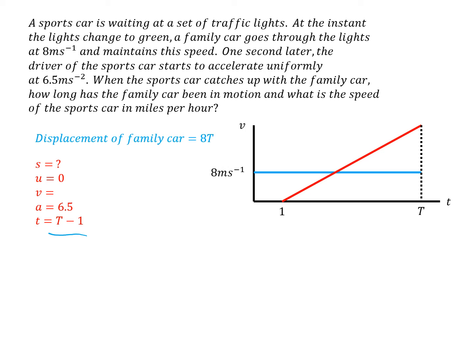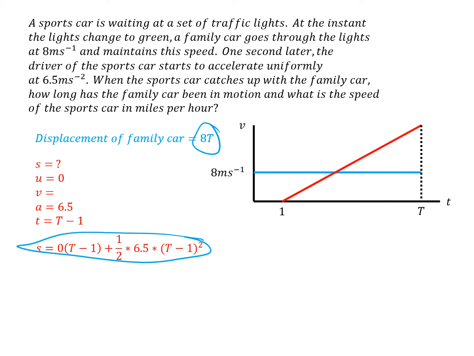When we put that into s equals ut plus half at squared, this is the expression for the displacement of the sports car. So now we're going to use the fact that when they meet, their two displacements are the same, which means that the 8t is equal to this expression for the displacement of the sports car.